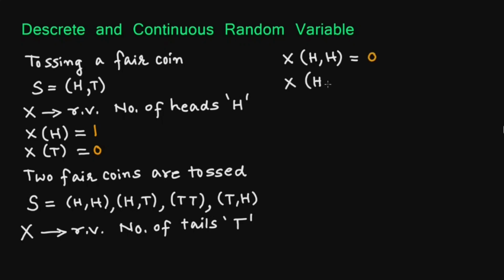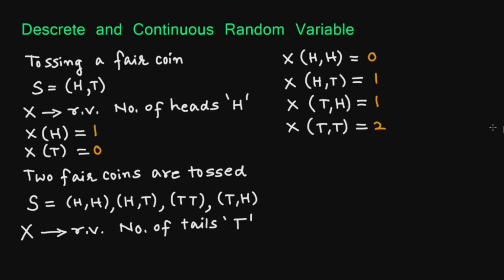X of HT will be 1 because we consider tail only, and there is one tail here. X of TH will be again 1 because we have to consider only tails, and there is one tail here. And finally, X of TT will be 2 because we have to consider tails, and there are two tails here.